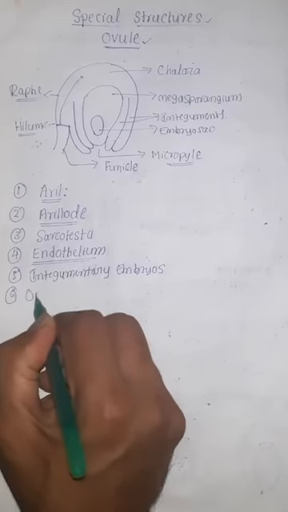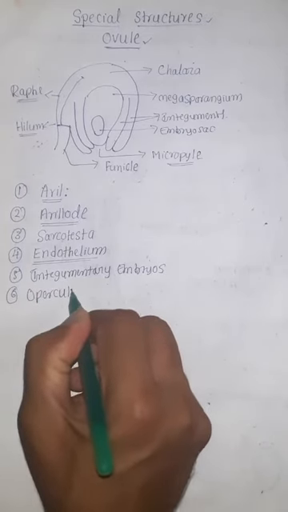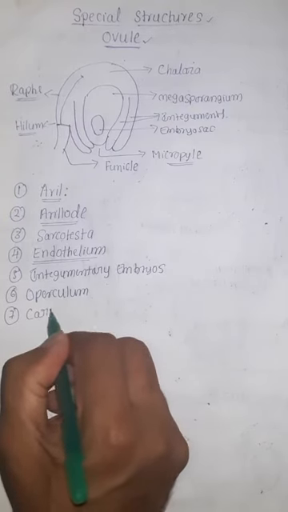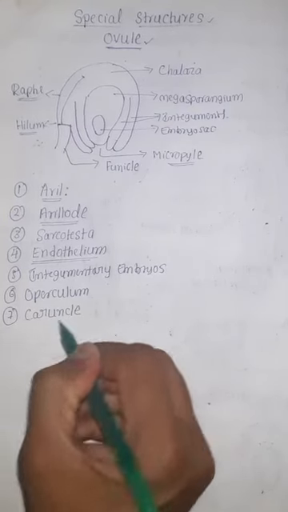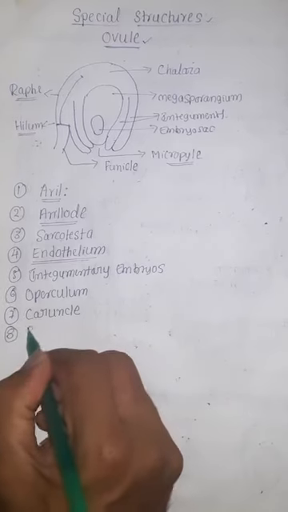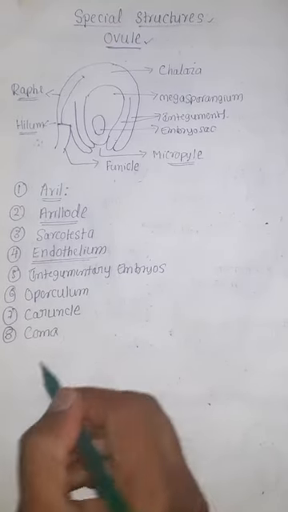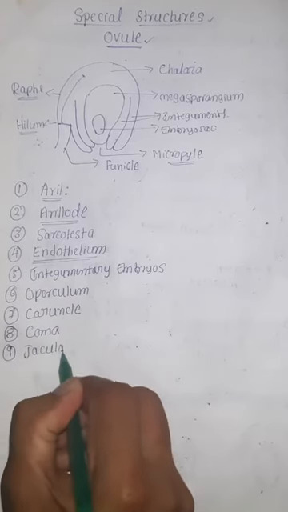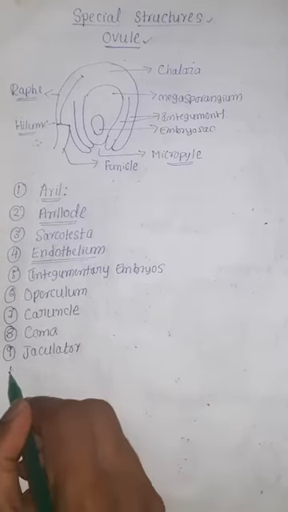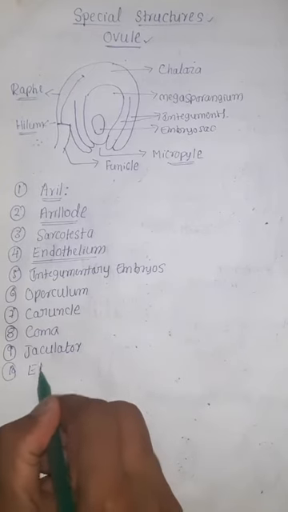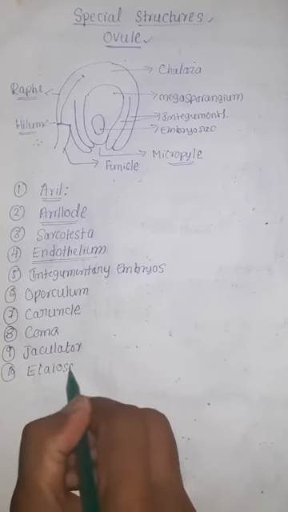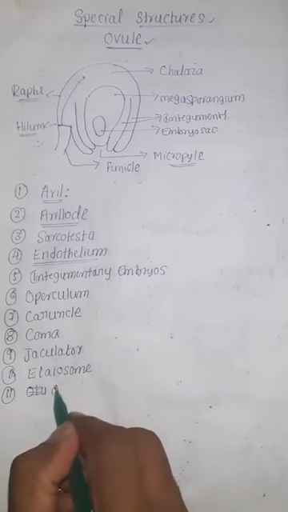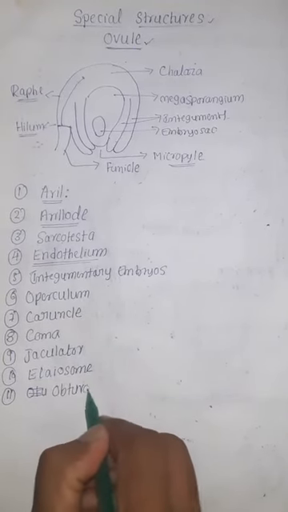Sixth one is operculum. Next, caruncle. Next, coma. Jaculator. Next, elaiosome. And next, obturator.